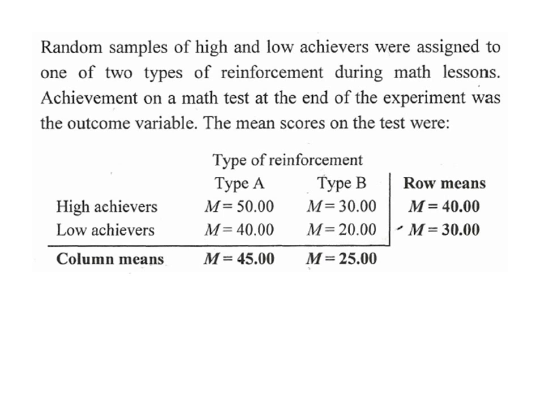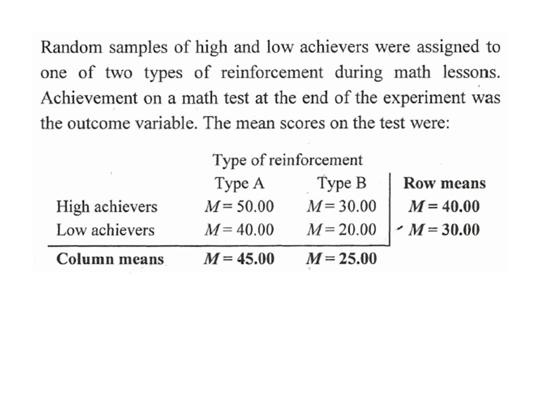The reason we're saying that is, if we look at type A, we have a mean of 45, and if we look at type B, we have a mean of 25, so there seems to be a main effect for reinforcement. While ignoring our achievement levels temporarily, type A seems to be more effective than type B. But there also seems to be a main effect for achievement level, as indicated by the difference in the row means, 40 and 30.